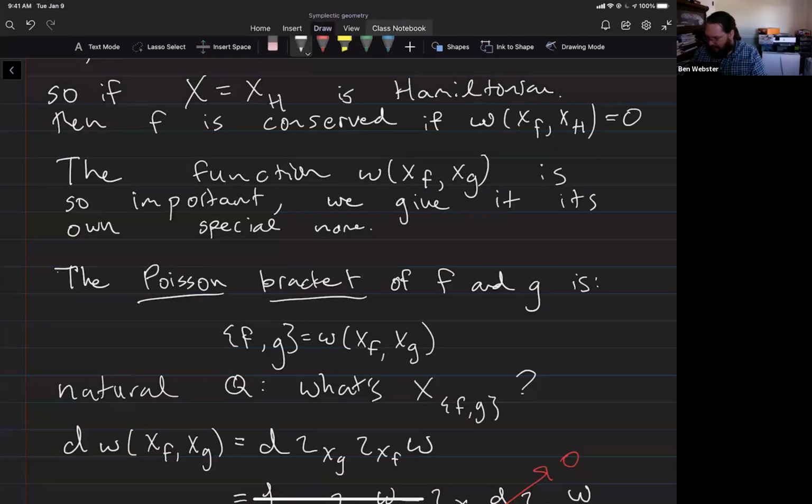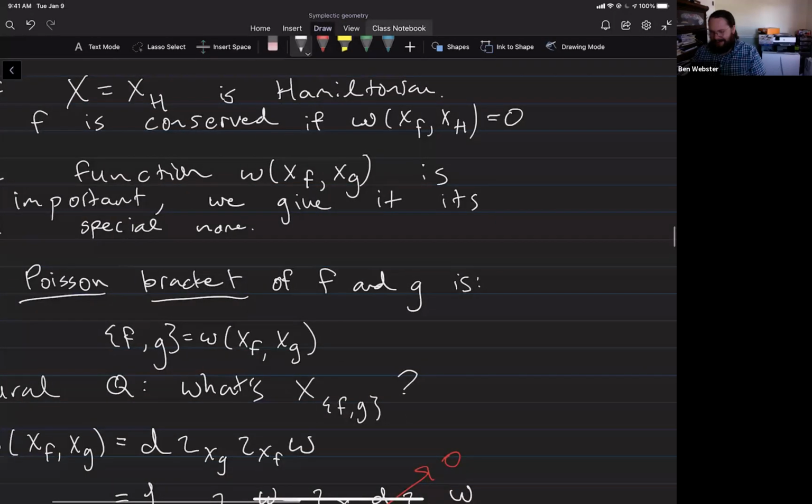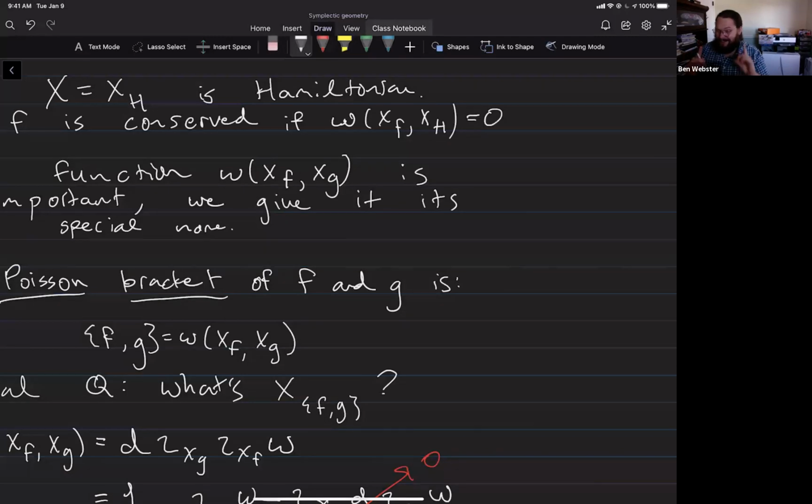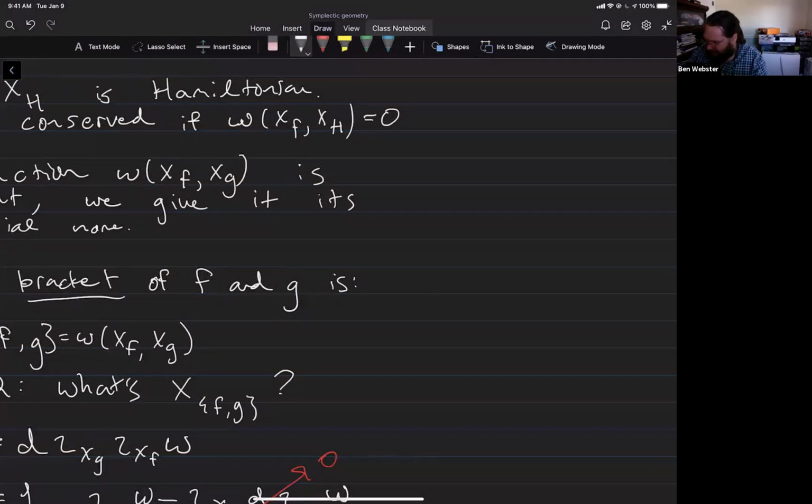Now, maybe it's worth mentioning here, this is a little confusing because the construction of X_f and the construction of X_g depend on the symplectic form. So I'm really using the symplectic form three times here. In particular, I'm using the fact that the symplectic form induces an isomorphism from the tangent space to the cotangent space.